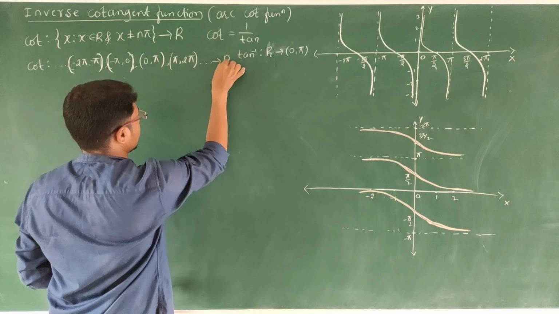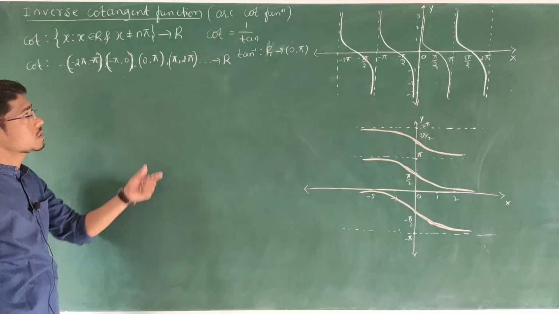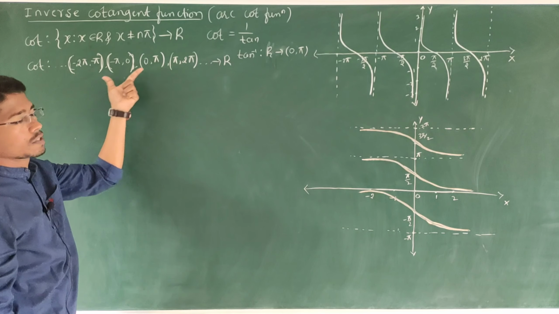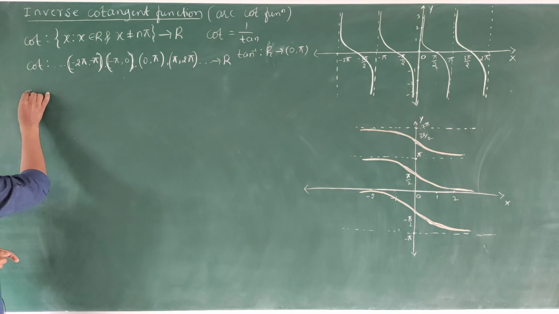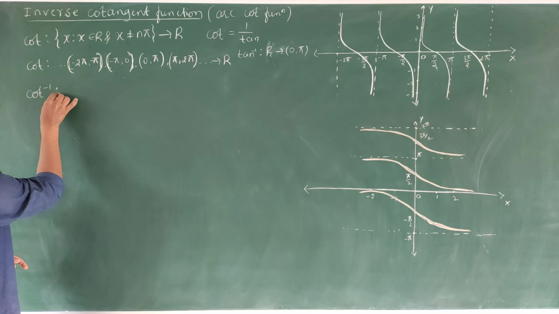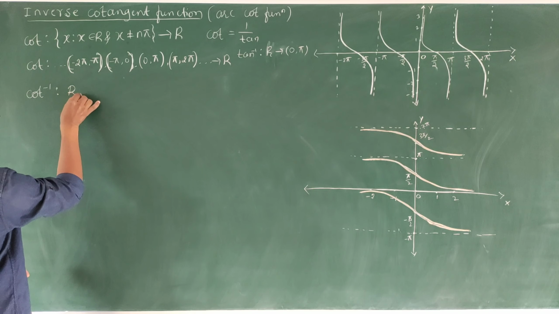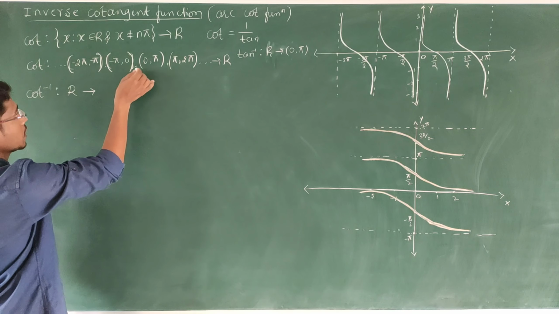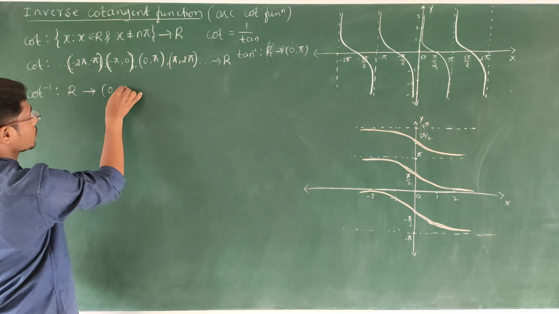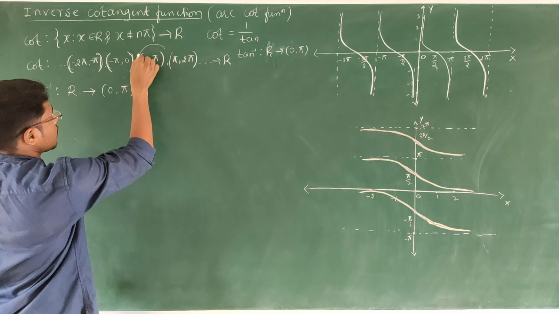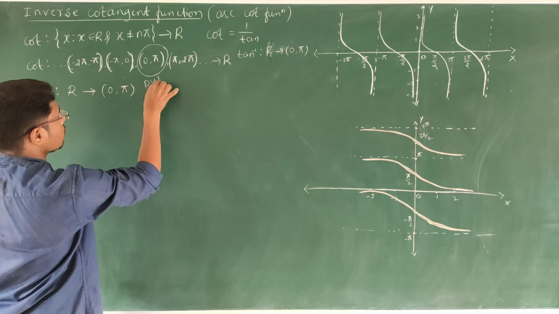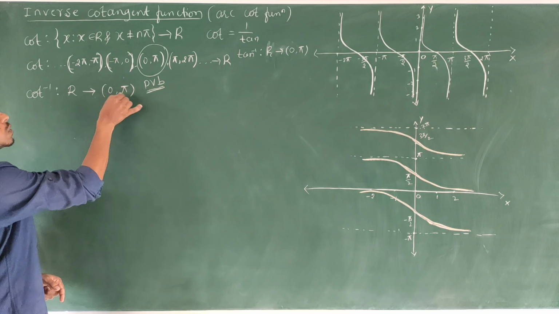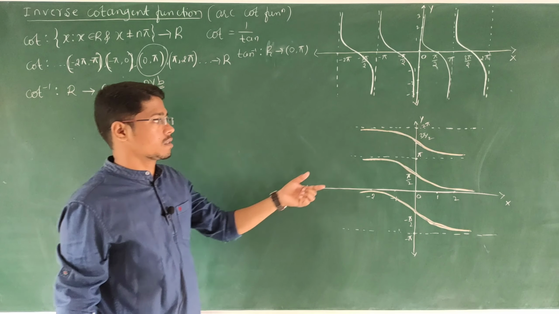This is the cot function with its domain written as intervals. Now its inverse, cot inverse, is from R to any one of these intervals. I will take the open interval 0 to pi. So this is called the principal value branch of cot inverse. Cot inverse is from R to 0 to pi, and its graph is this.